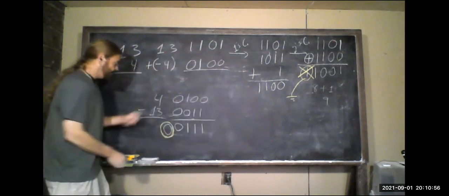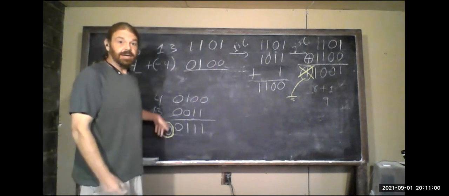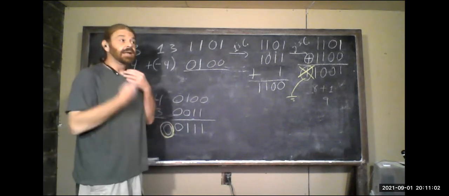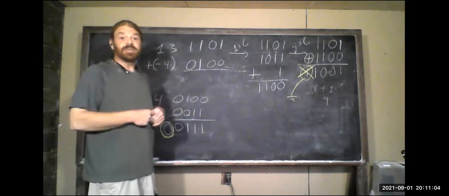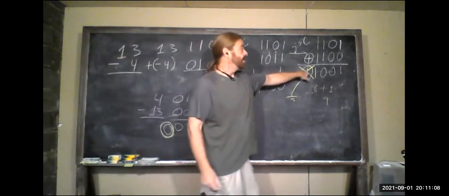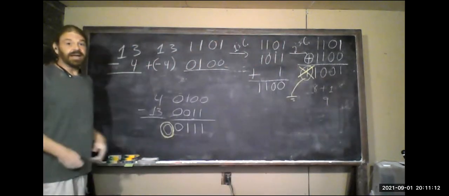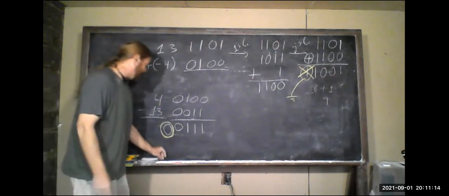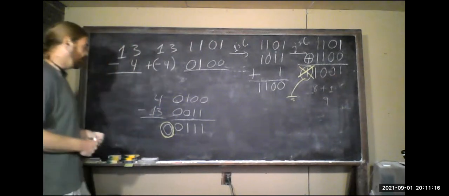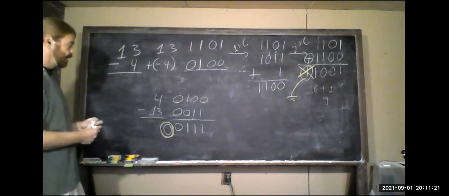So then that extra bit here, when the machine goes to discard that extra bit, it checks to see if it's a 1 or a 0. And if it's a 1, then that means we have the positive number. And if it's a 0, that means we have the negative number. So we need to turn that back into a positive number.